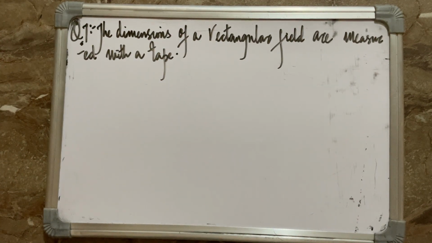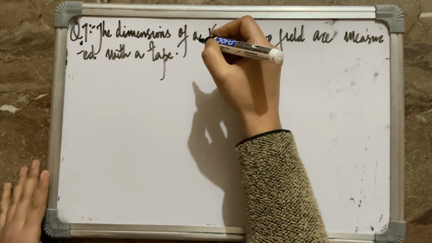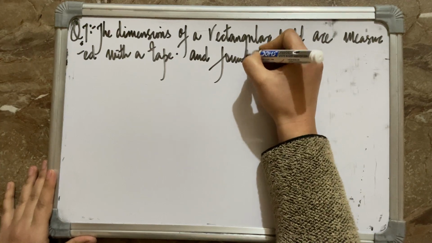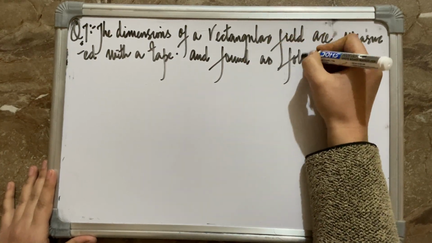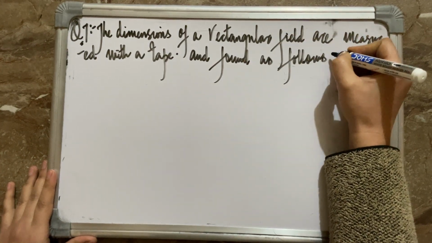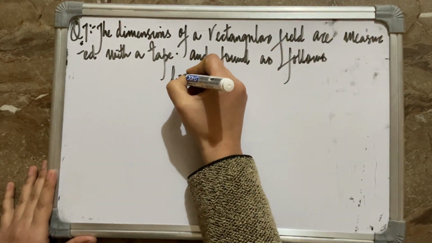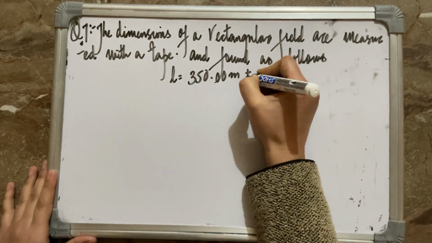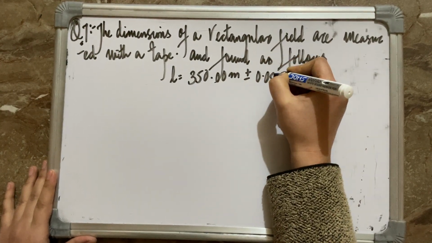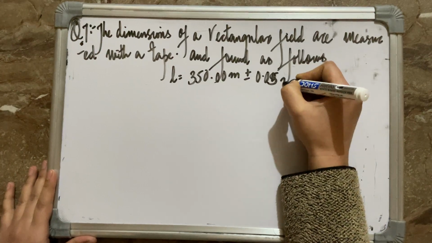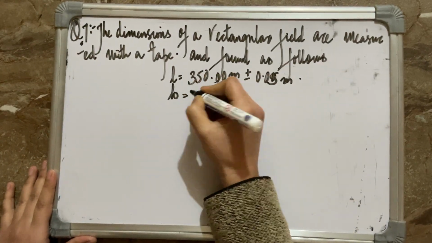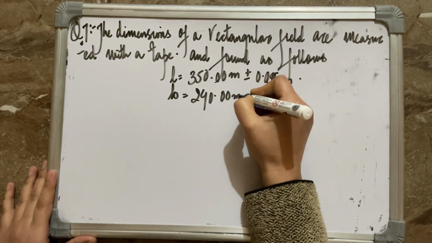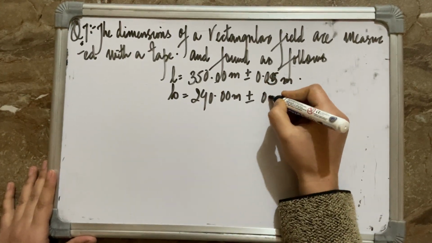The dimensions of a rectangular field are measured with a tape and found as follows. Length is 350.00 meters plus minus 0.05 meters, and breadth is 240 meters plus minus 0.03 meters.